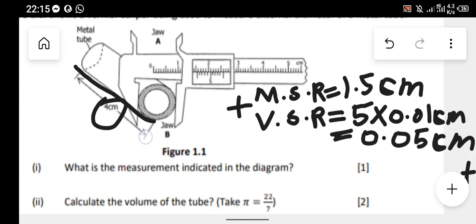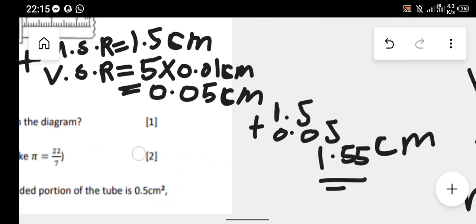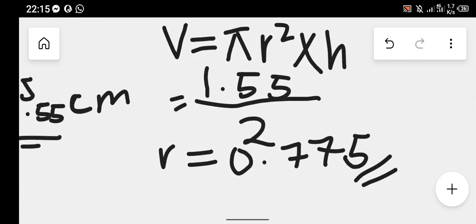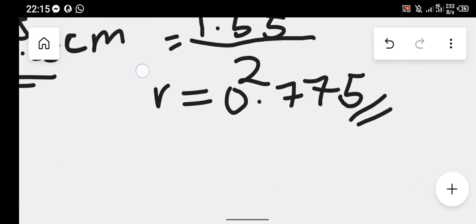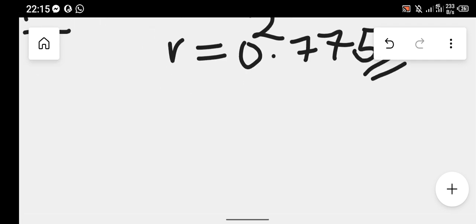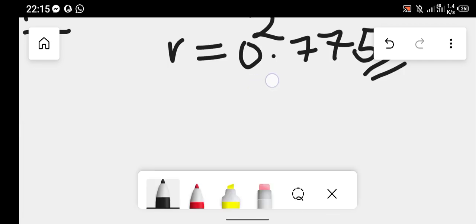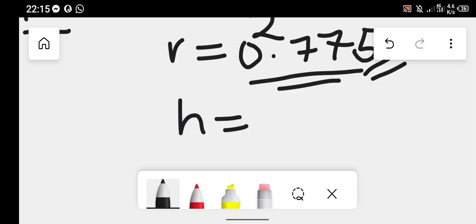So let's get back to the formula. We can just move this a bit in front. This is our radius and our height. We have found this is 4 centimeters.